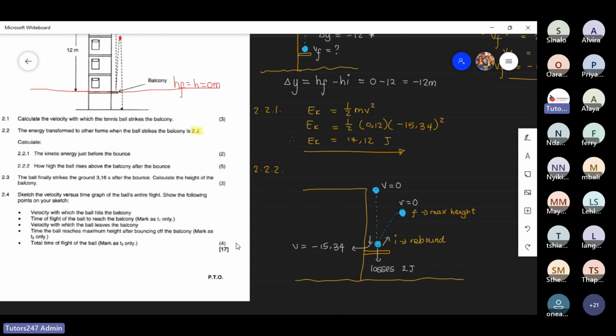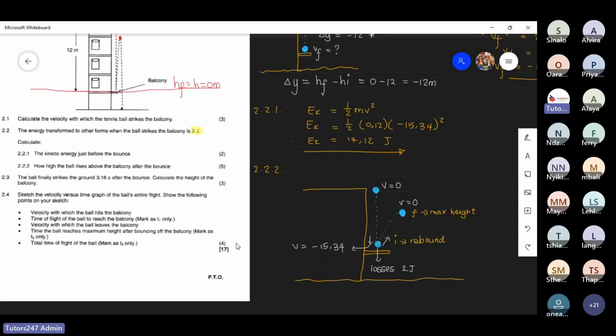That is what is known. What is not known is the velocity with which the object rebounds. Rebound just means to change direction or to bounce. So we do not know the velocity with which this object leaves the balcony.